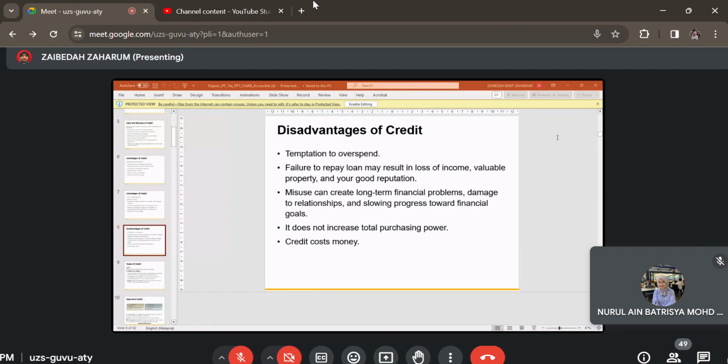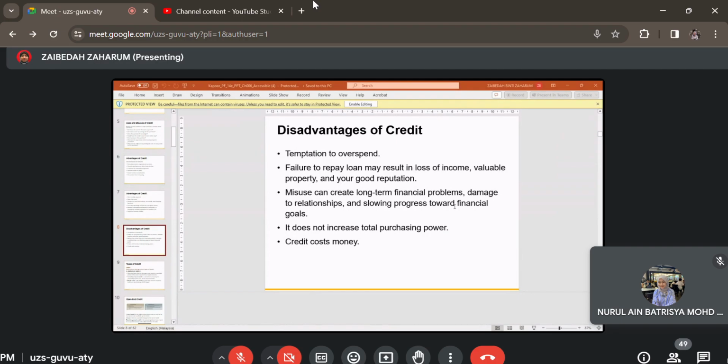Dan ianya akan lead to the long-term debt problems. Okay. Strain relationship due to the financial stress. Okay. So dia akan menyebabkanlah daripada segi tekanan. Okay. And then will make slowing you punya progress toward you punya financial goals. Okay.